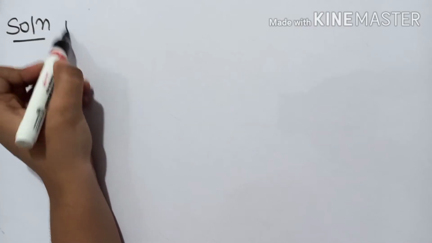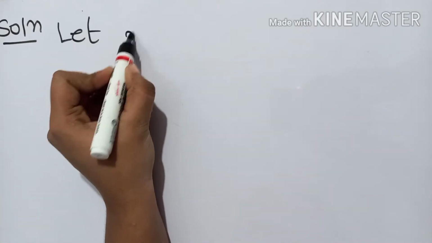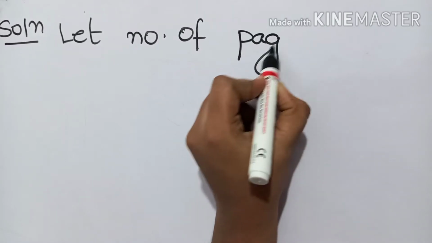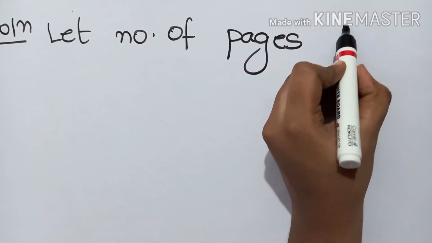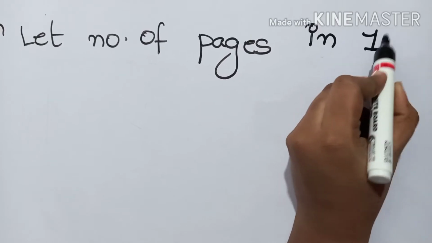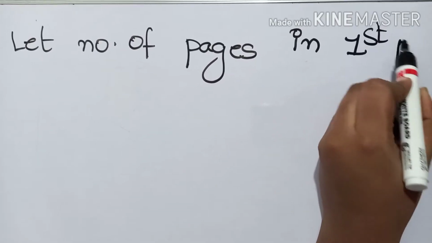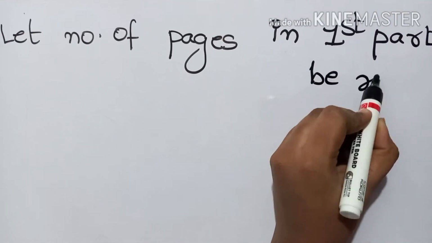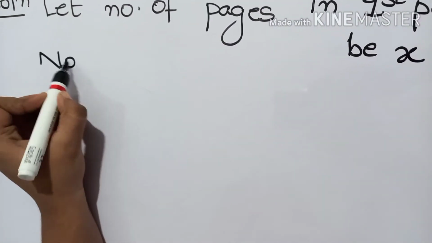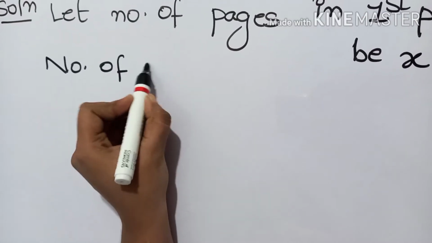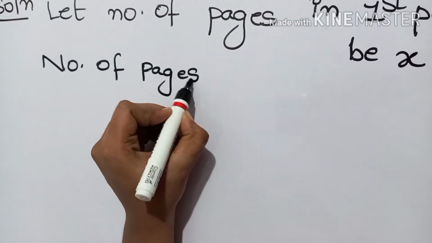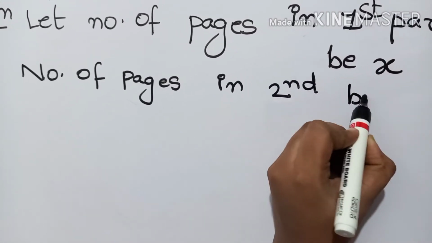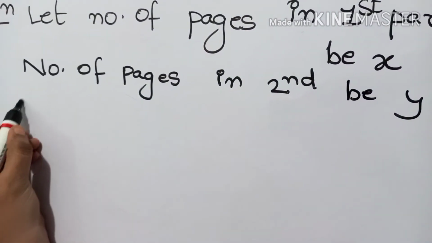According to the question, let us assume the number of pages in the first part. They have given the two parts. So for the first part, let us assume the number of pages be x, and the number of pages in the second part be y.